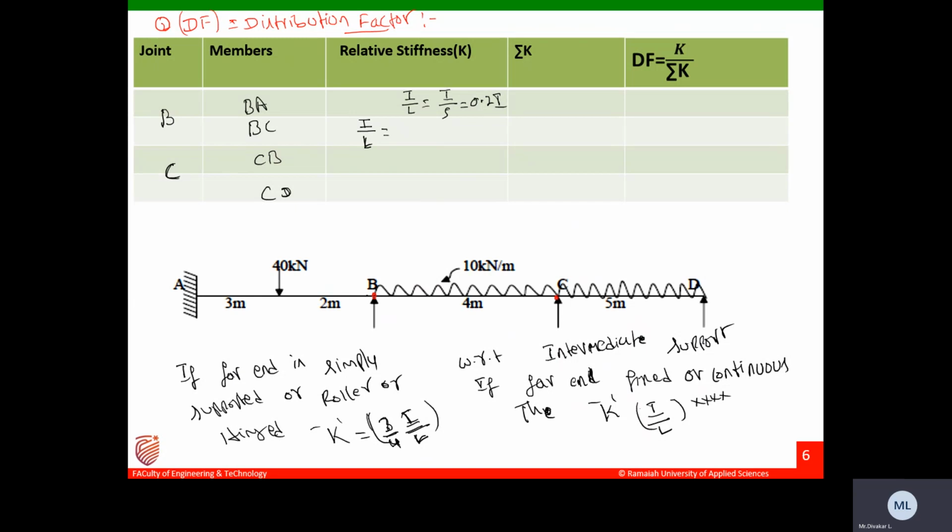So what will be the relative stiffness for the various support boundary conditions?